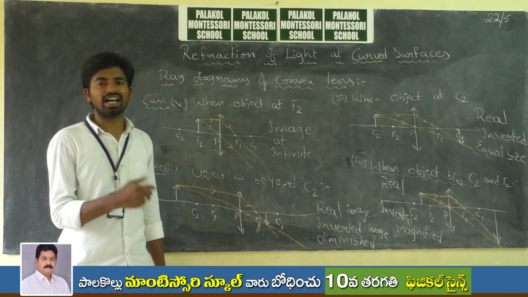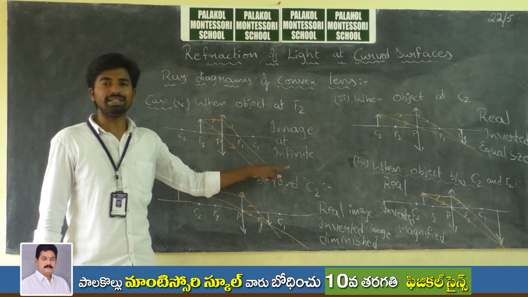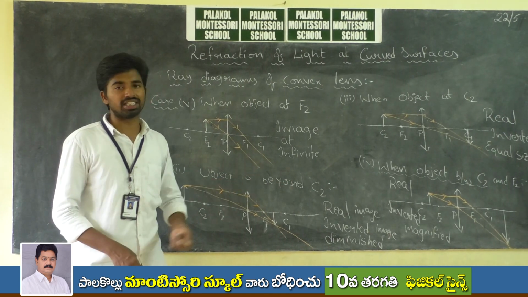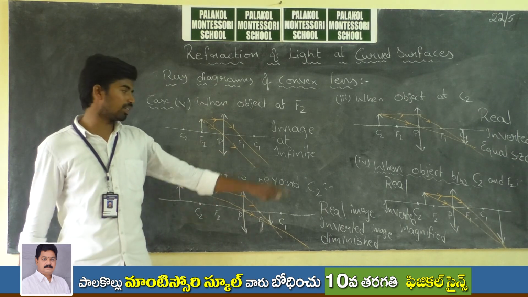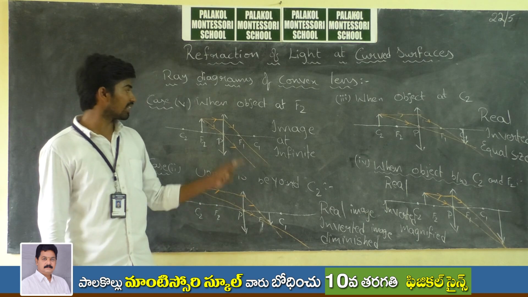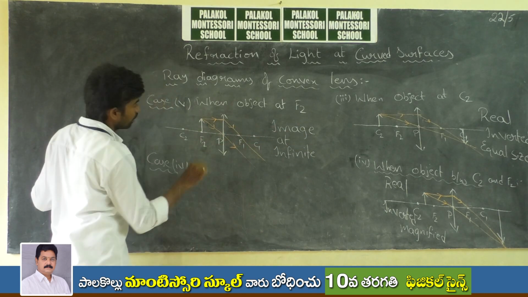Since we didn't get any image formation, there is no need to discuss the nature of that image. Whether it is a real or virtual image, we don't know, because the image was not obtained. The image will be observed at infinite distance when the object is placed at focus point F2.